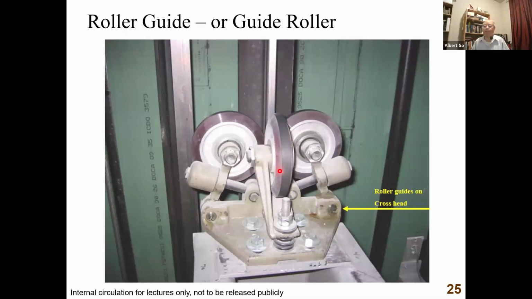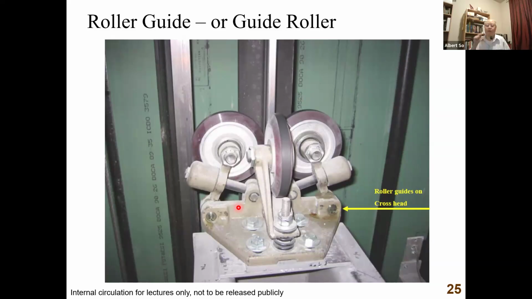Now this is a guide roller. Okay, guide roller. So you can see this is the guide rail, like an I-shaped guide rail. So three rollers, and this is a little bit different from train. For trains, you only have one roller, right? One wheel on the rail, right? But for lift, because the lift is moving vertically, you need to make sure that the lift will not swing sideways, and will not swing perpendicular to the landing door.